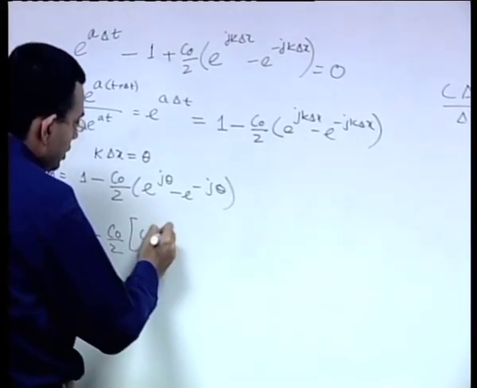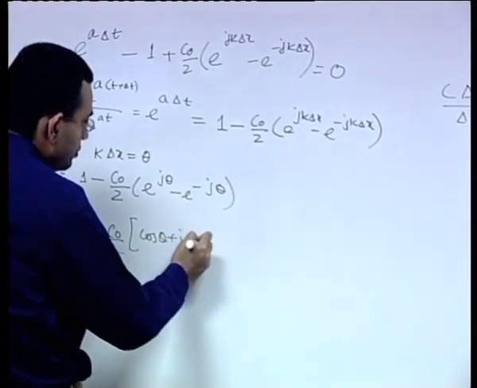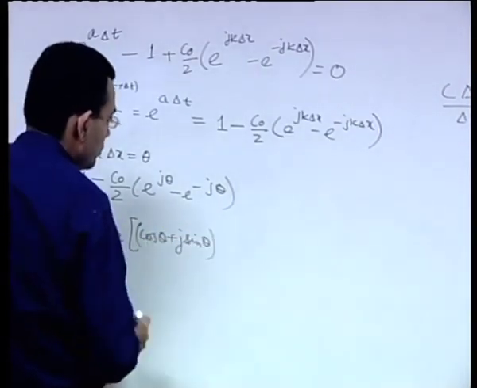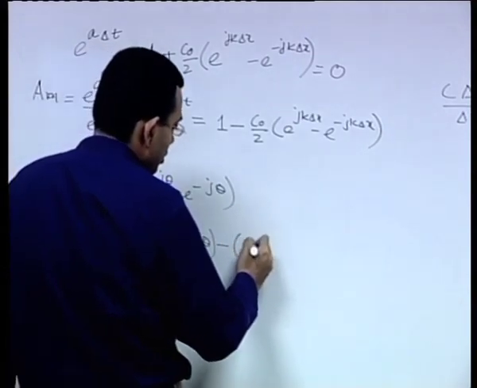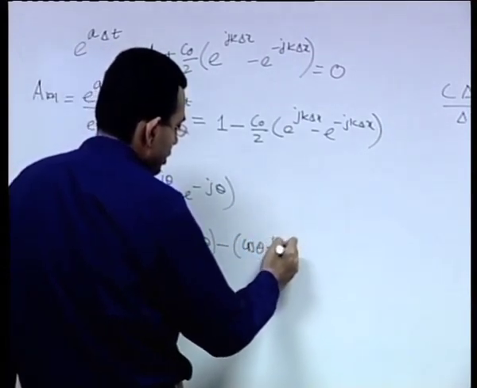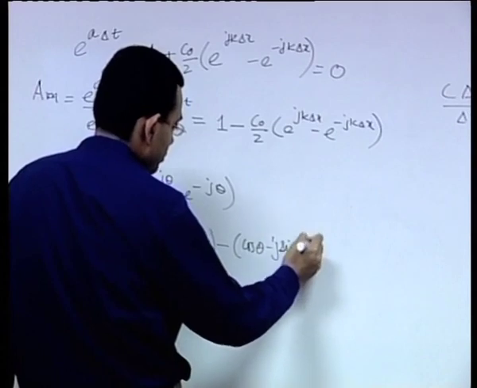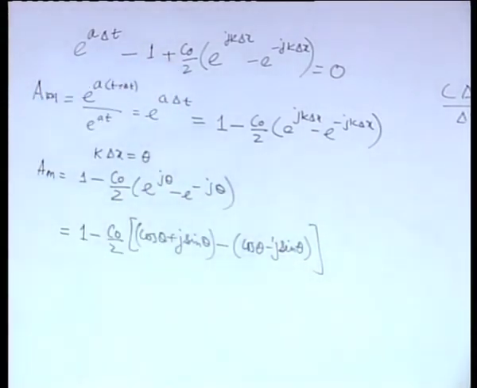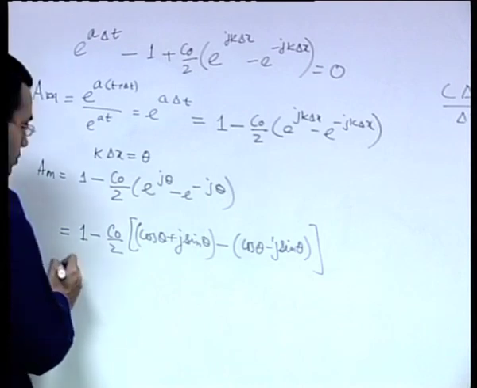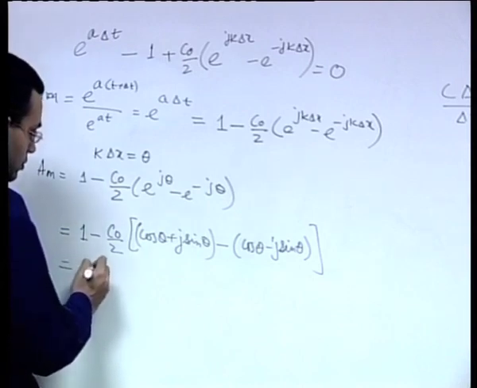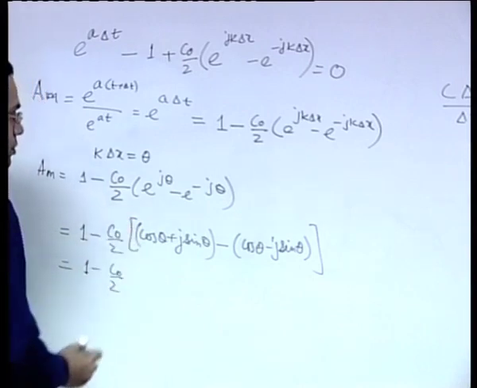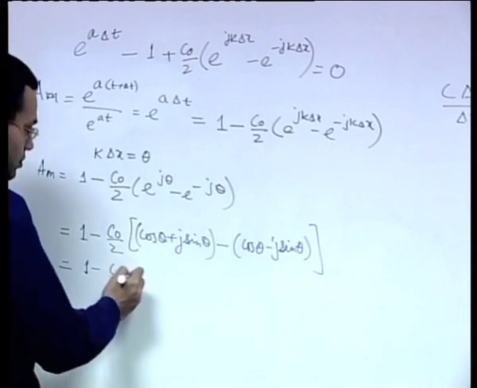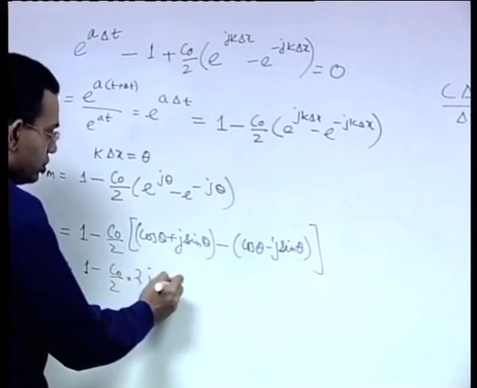So, this is cos theta plus j sin theta minus cos theta minus j sin theta, which is 2 j sin theta.